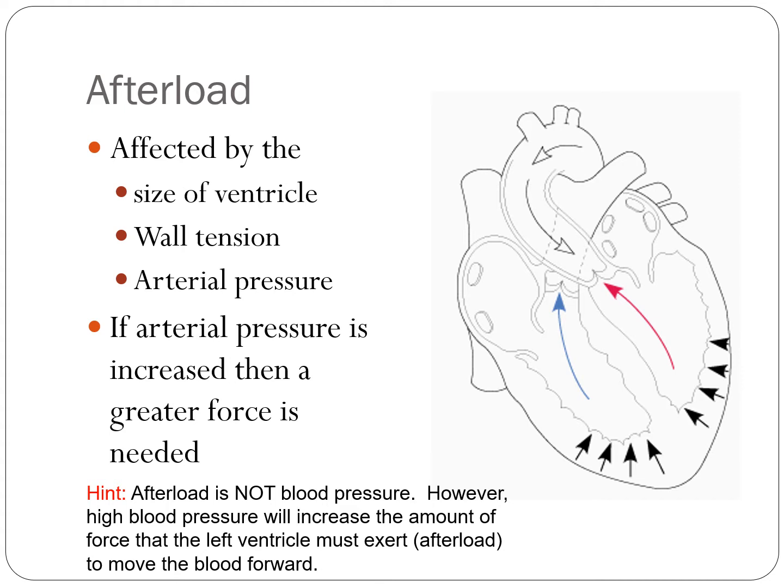For example, how compliant are the walls of the ventricle and the blood vessels, or are they stiff and hardened? Another factor that affects afterload is arterial blood pressure, which is the example shown here in the slide with the black arrows. There are other things as well, and one of them that we talked about was cardiac valve disorders, which can affect the amount of pressure or resistance that the left ventricle must overcome in order to move the blood forward.